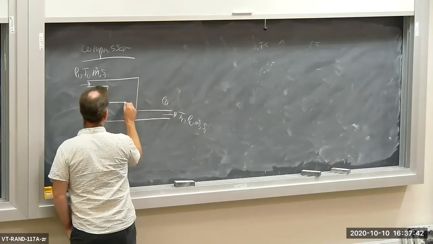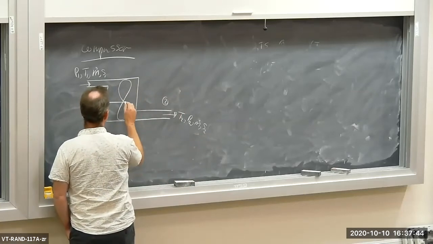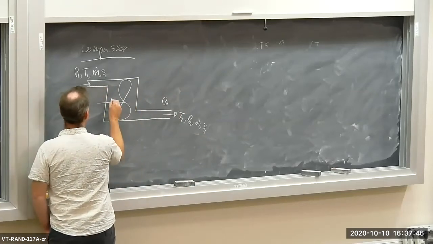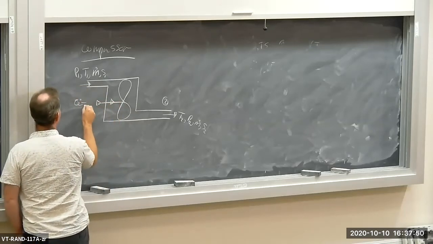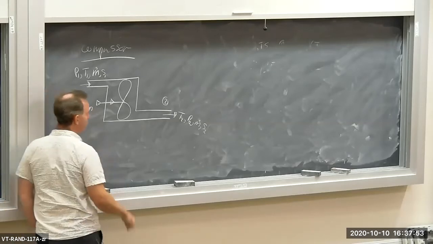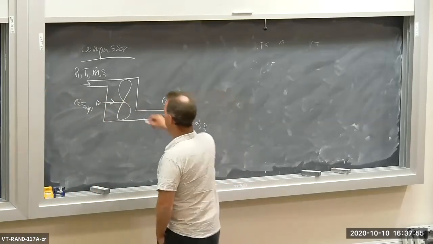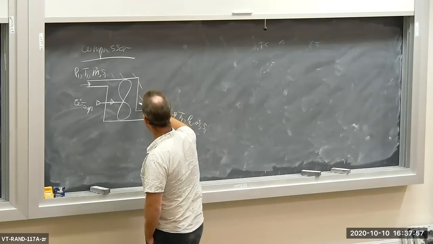And I've got a propeller in here, or some sort of device, so we're doing work. So we have W dot compressor here. Again, I'm assuming an adiabatic compressor.